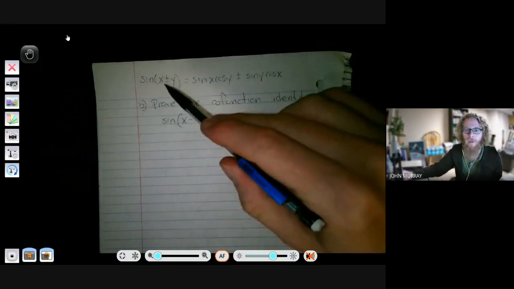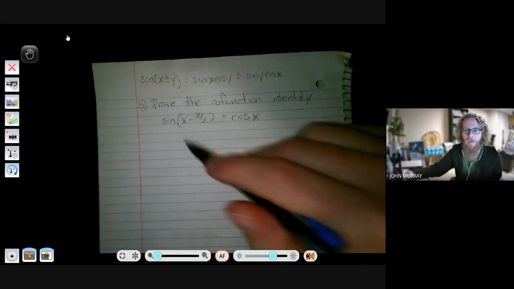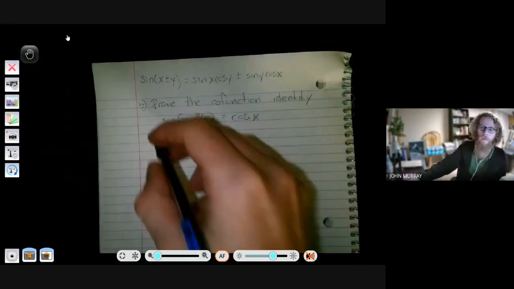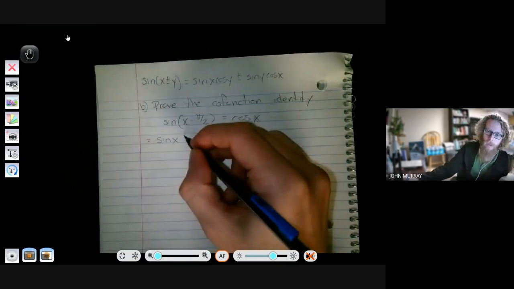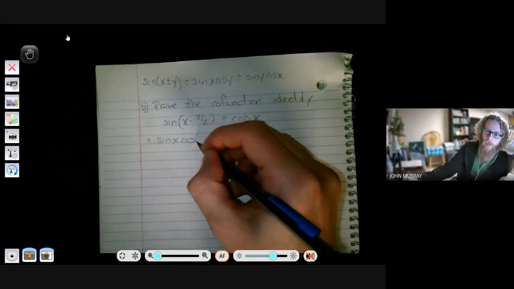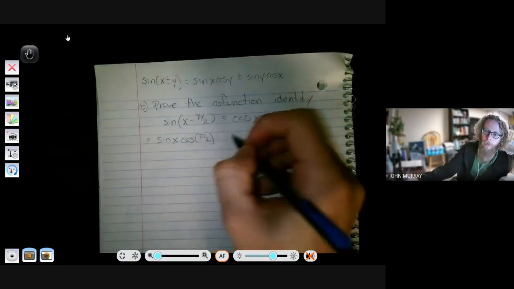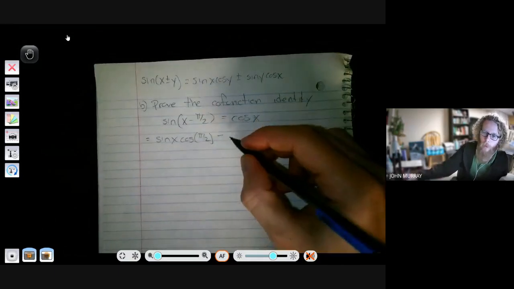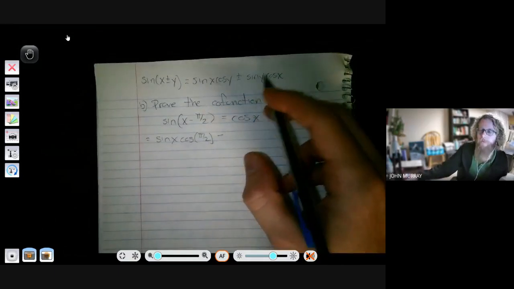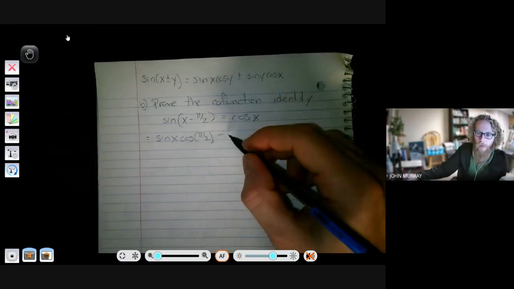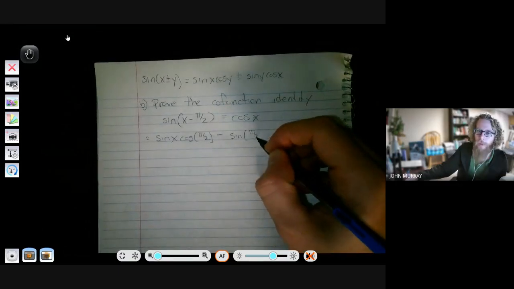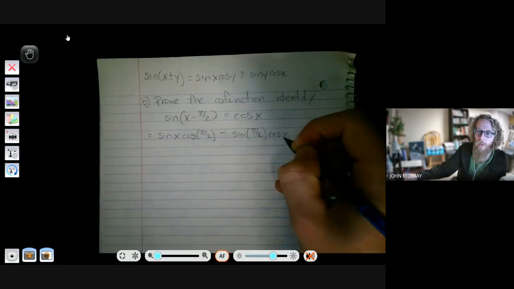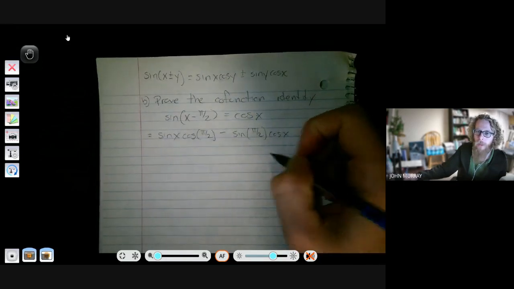If it's plus inside, it's plus out there. If it's minus, it stays minus. So this I can rewrite as the sine of x times the cosine of pi over 2 minus, and now I swap them, the sine of pi over 2 times the cosine of x.